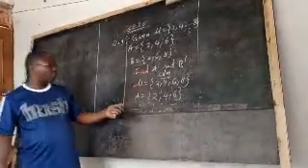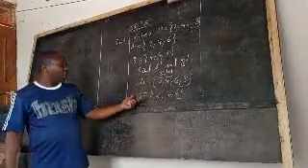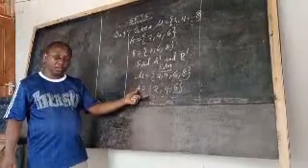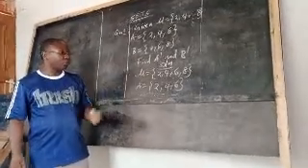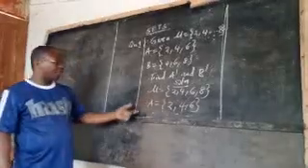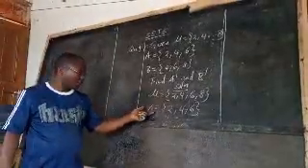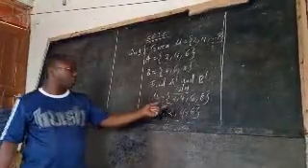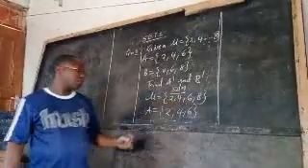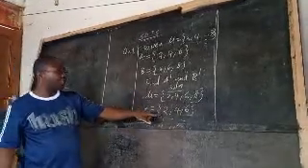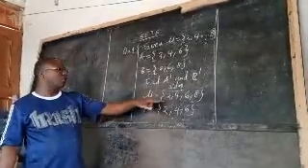A complement means a set which contains elements which are not found in set A but are found in the universal set. Here I've summarized the data. We have set A which contains elements 2, 4, and 6, and the universal set which contains elements 2, 4, 6, and 8. To find A complement, we consider the elements which are not found in set A but are found in the universal set.